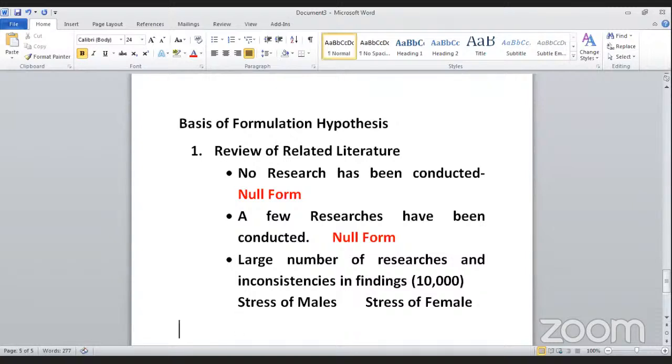Now, it is possible that when you analyze the findings, you might have come to know that 80% of the researches, 80% of the findings indicate that the mean score of stress of male is greater than the mean score of stress of female.